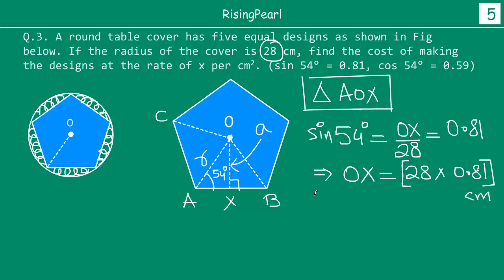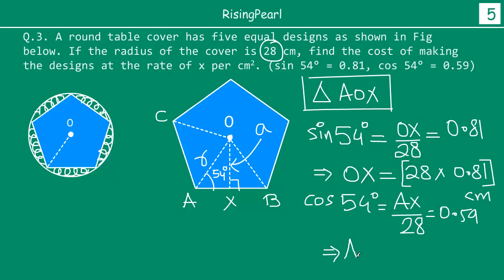Now also by comparing cos 54 degrees in this triangle AOX, cos 54 degrees will be AX, which is the adjacent side, divided by the hypotenuse, which is 28. But cos 54 is given as 0.59. So from here we find AX is equal to 28 times 0.59 centimeters. Now we know AX, but X is the midpoint of AB.